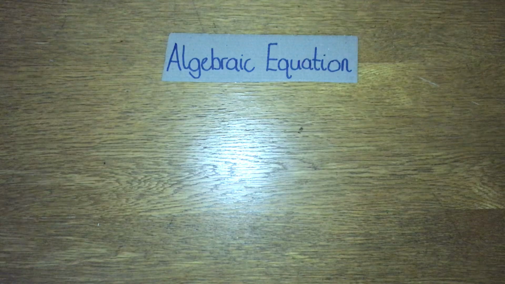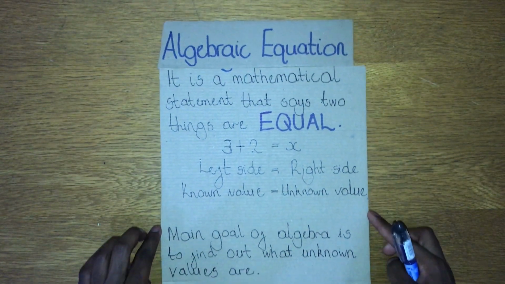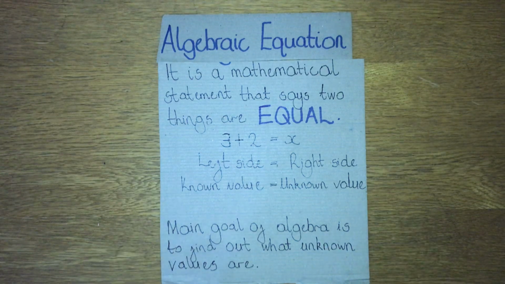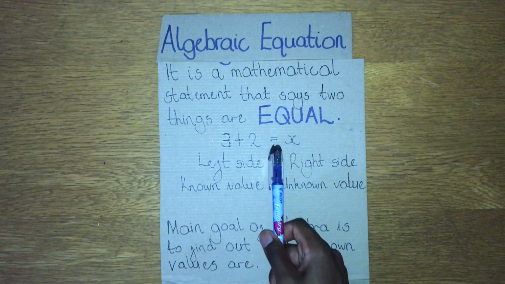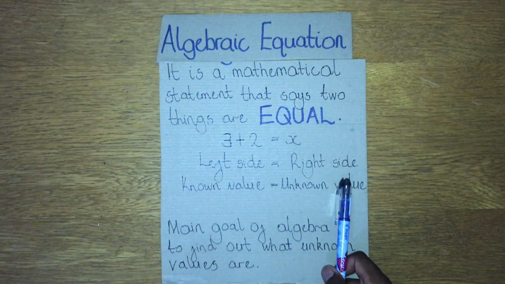Algebraic equations. It is a mathematical statement that says two things are equal. 3 plus 2 is equal to x. What we have on the left hand side of the equal sign is equal to what we have on the right hand side.